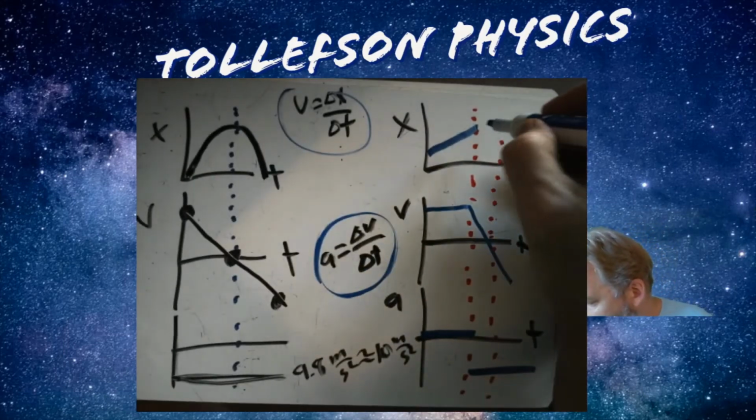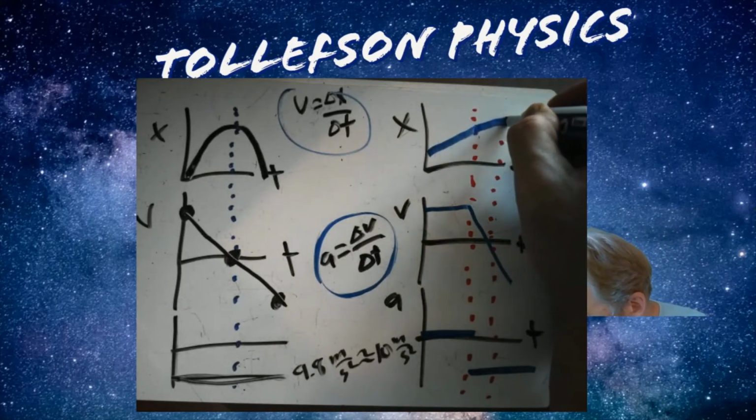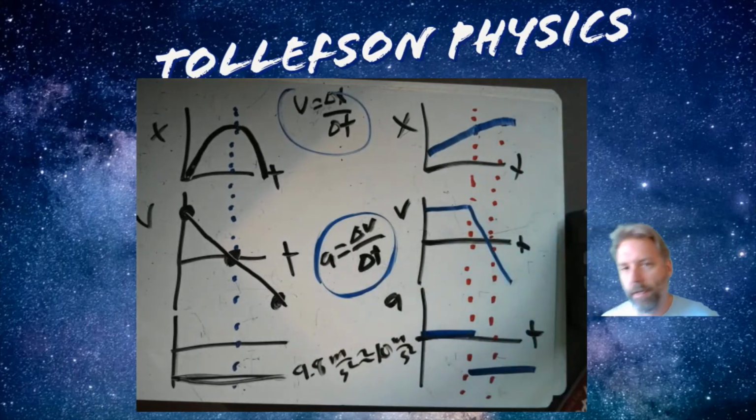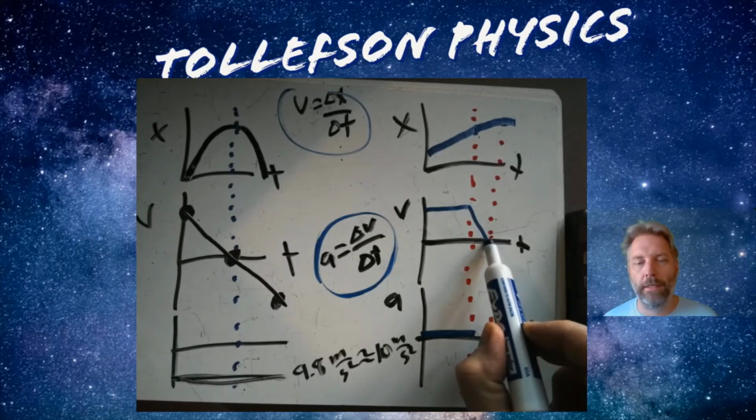So I'm going to go from this steep slope and I'm going to round it out until I get to a slope of 0. Hard to see the curve there. I made it kind of small, but you get the idea, right? I'm going from a steep slope to a 0 slope because my velocity is 0 there.